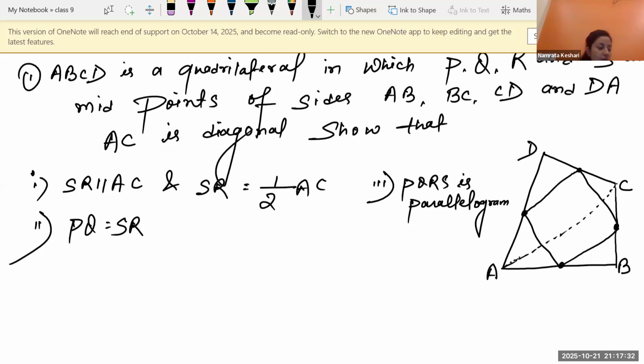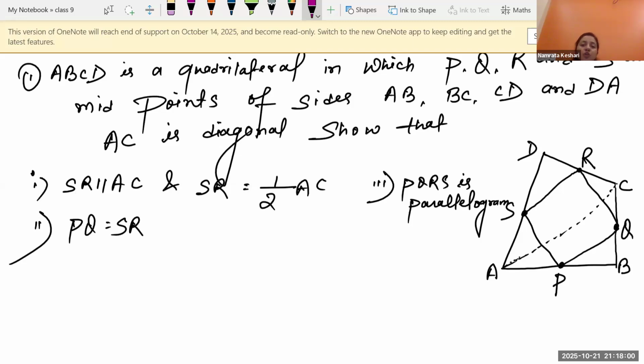This is P, this is Q, this is R, and this is S. These are not any random points, these are the midpoints. P is the midpoint of AB, Q is the midpoint of BC, R is the midpoint of CD, and S is the midpoint of AD. Making sense? Yes, ma'am. And AC is the diagonal.